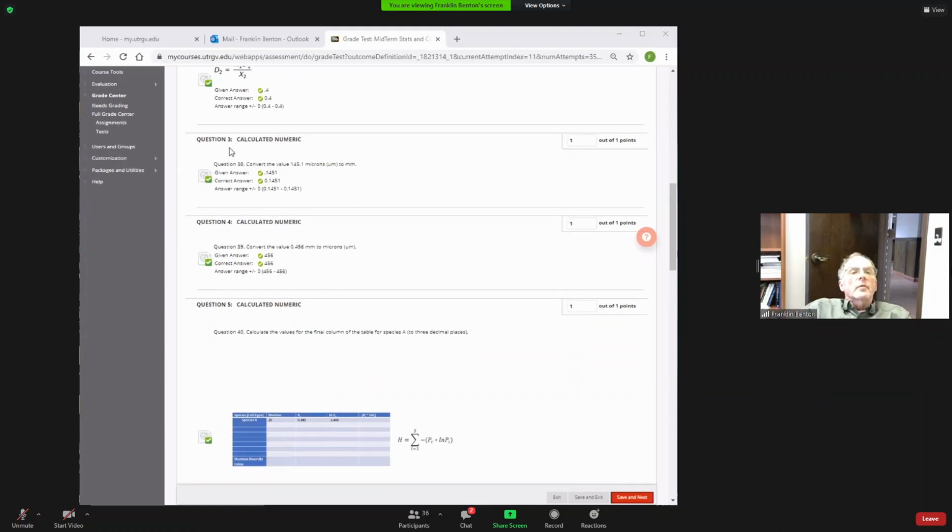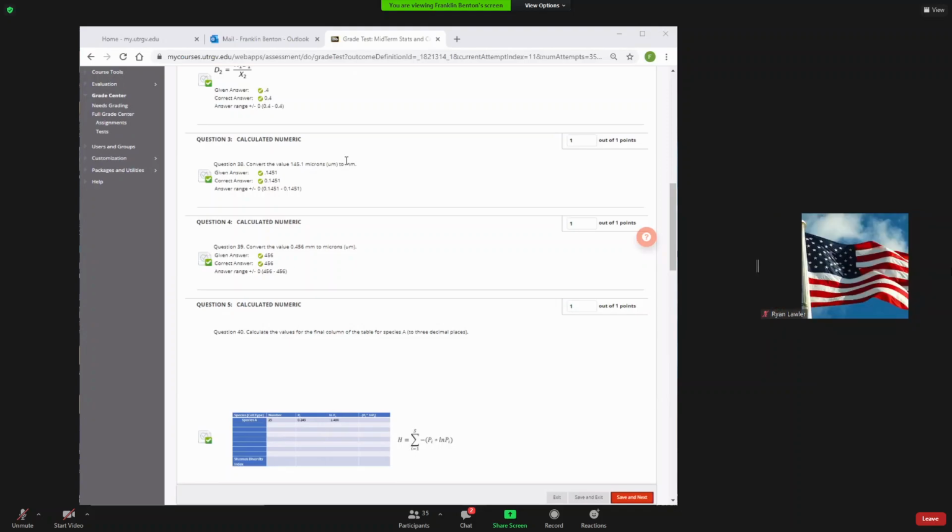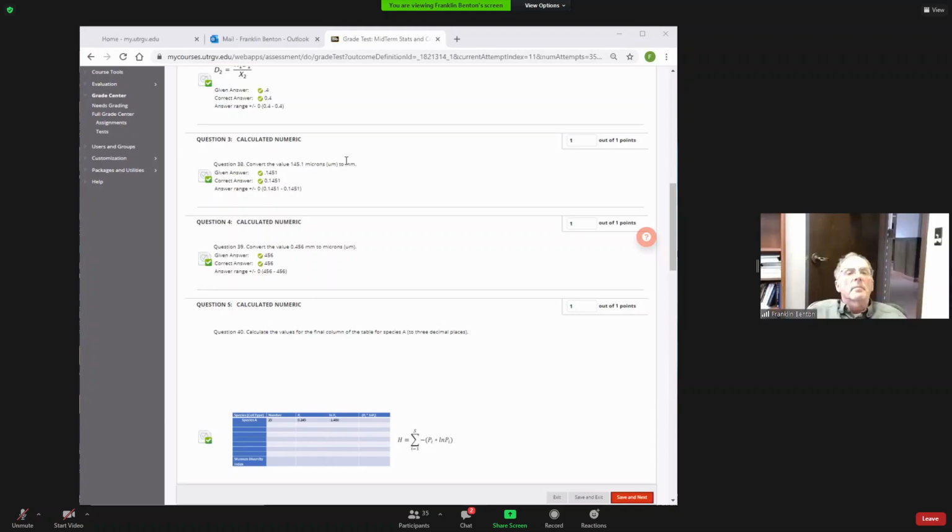Question 3. Convert the value of 145.1 microns to millimeters. What do you do? You move the decimal point. And you're going to move it this other way.